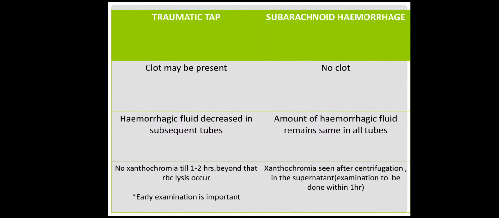While in case of subarachnoid hemorrhage, xanthochromia is seen after centrifugation since the RBC lysis has already occurred, and because of that the supernatant will be seen as yellowish red. And for seeing this difference we have to do the centrifugation within 1 to 2 hours, because after that both will show xanthochromia.